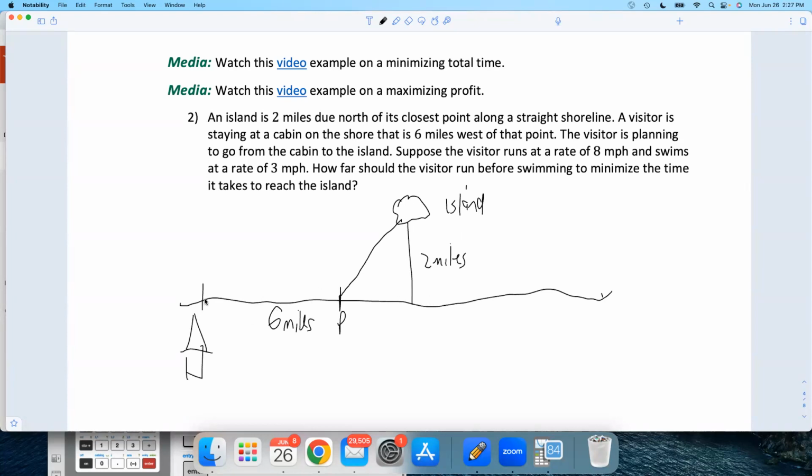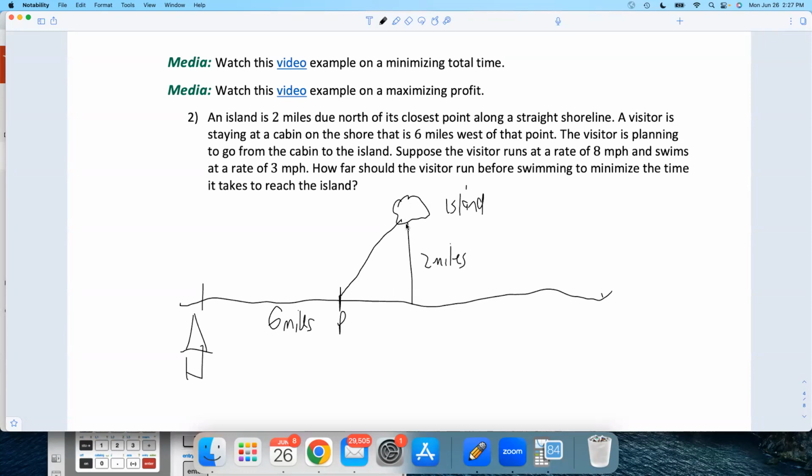Or he could just jump right in the water and swim the whole way. But he swims slow. He can run faster than he can swim. So there is some magic spot along here where you run as far as you can and then start swimming to minimize the time and get to the person drowning as quickly as possible.